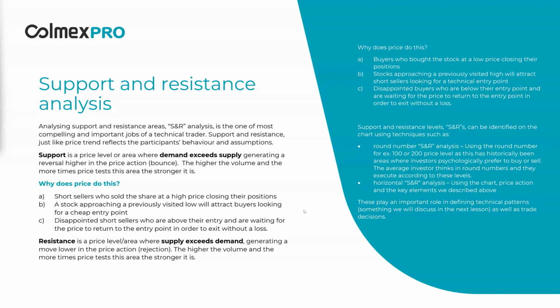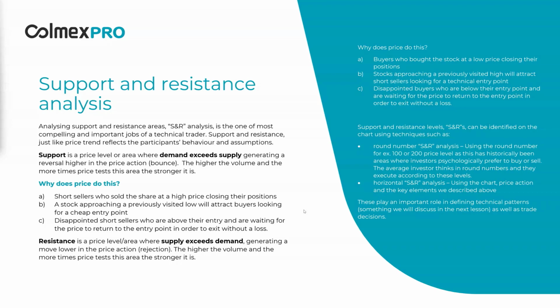And then disappointed short sellers who are above their entry and are waiting for price to return to the entry point in order to exit without a loss will again be buying to cover and adding that buying pressure to the stock. So as we said before, support and resistance reflect the participants' behavior and assumptions, and that plays out in real life, establishing these levels.